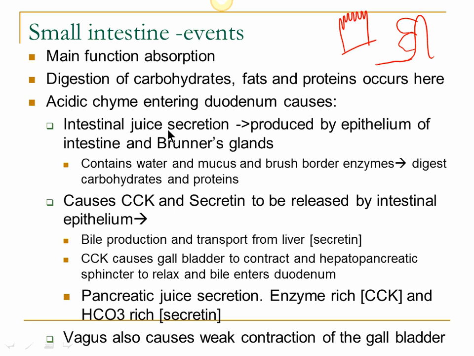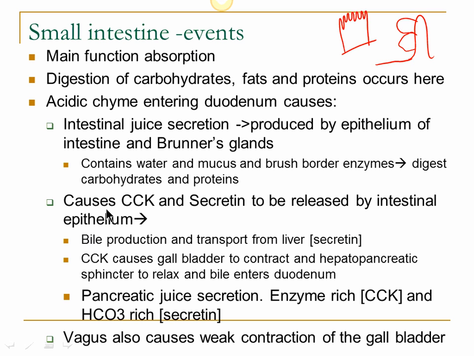So they also add to the intestinal juice secretion. These brush border enzymes digest carbohydrates and proteins. They have names like maltase to digest maltose, lactase to digest lactose, things like that. So their names are such. So that's the first thing that happens, intestinal juice secretion.